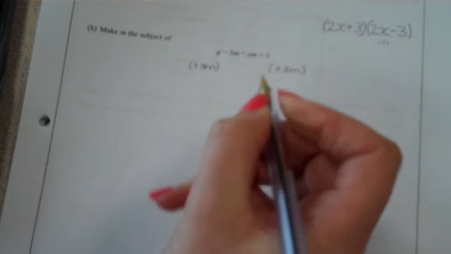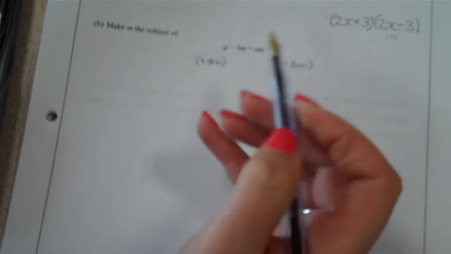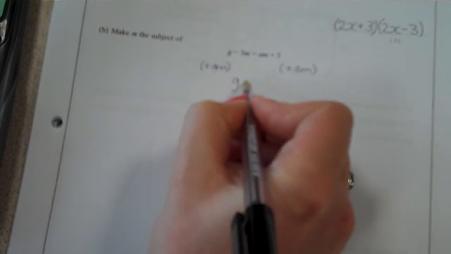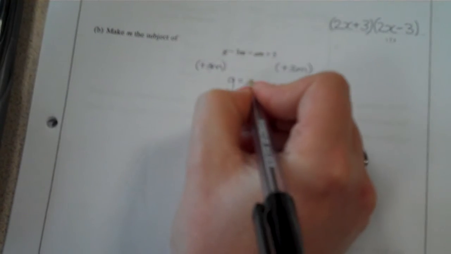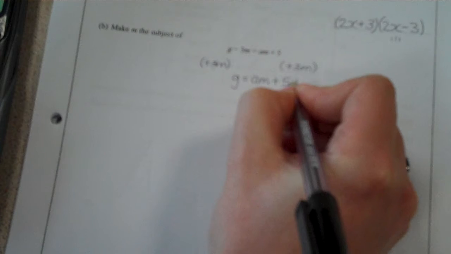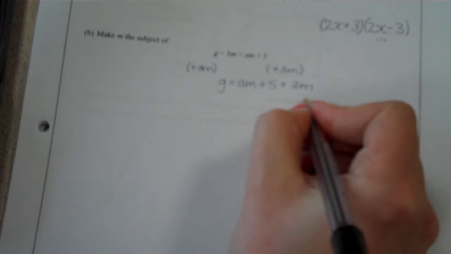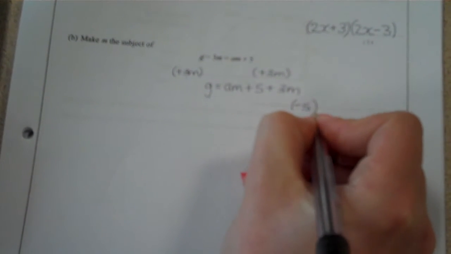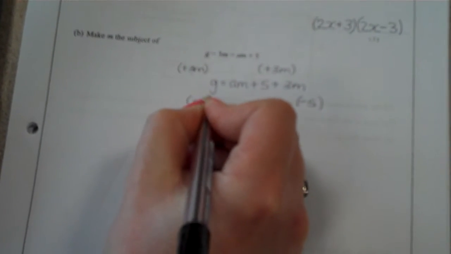And just like if you're solving an equation, you do that to both sides. So the minus 3m plus 3m cancels out, just leaving me with g. And on this side, I've got the am, I've got the plus 5, and now I've also got plus 3m. So I've got my m's onto the right-hand side, but I've got this 5 that I don't want there at the moment. So I'm going to minus 5 from both sides.